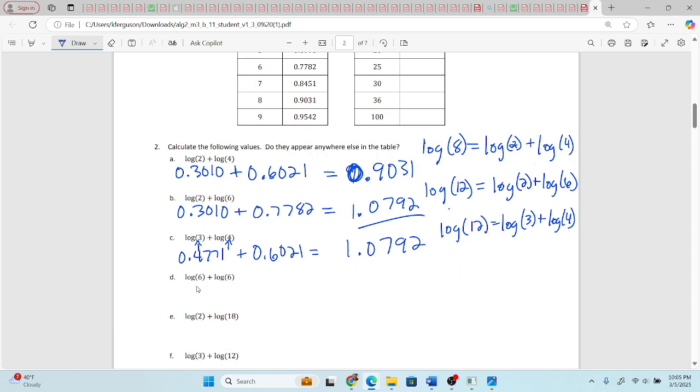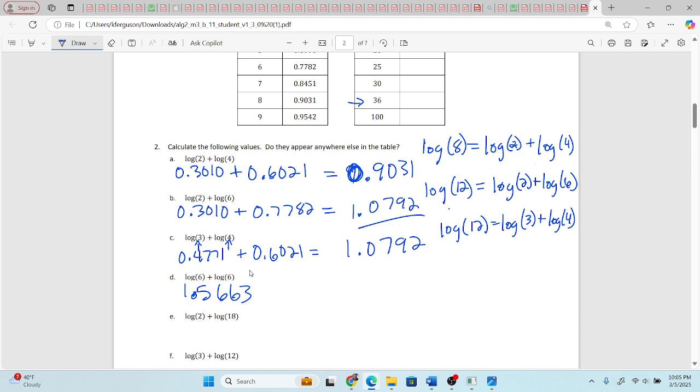So right here, what would that mean? Let's just jump in and think. If I take the log of 6 plus the log of 6, that should give me 1.5663. So guess what the log of 36 is going to be?